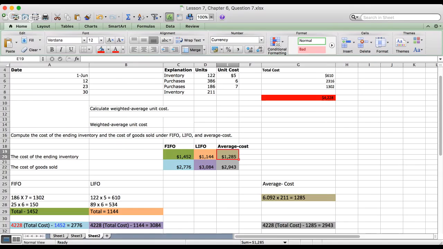At that point, we'll go down to the cost of goods sold. To figure that, we again take the total cost and subtract the cost of ending inventory, and we have 2,943, which will be plugged into the cost of goods sold in the average cost column.